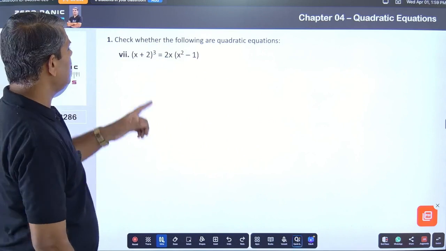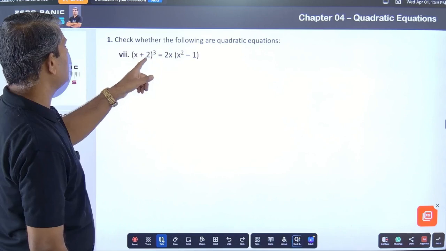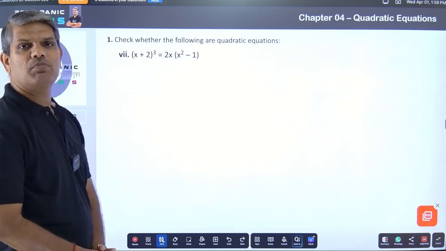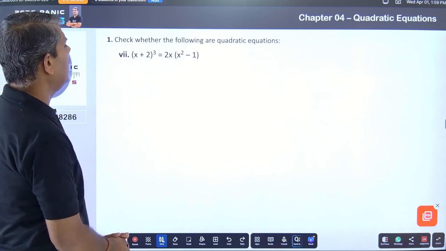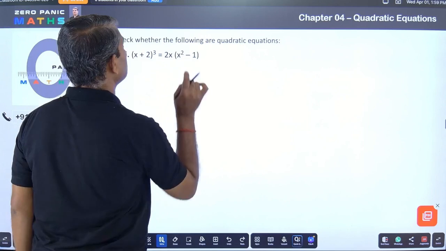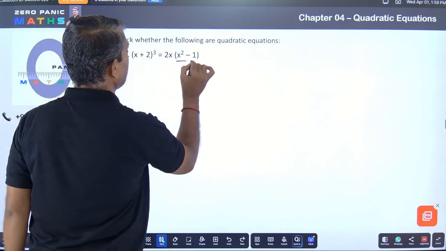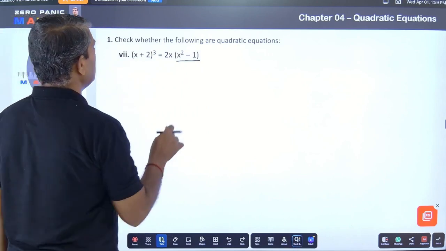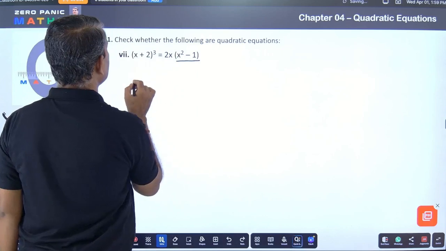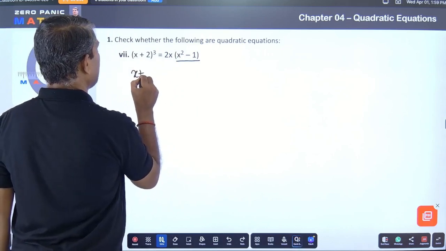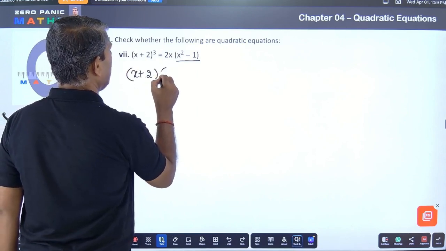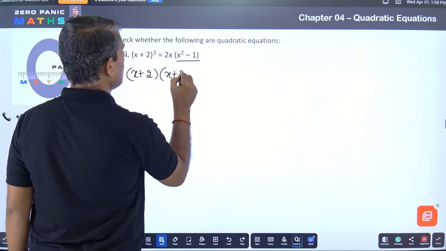Okay, now again here they have given something in the form of a plus b whole cube, and it is a square minus b square. Also you can write this as a square minus b square, where b is 1, square is 1 only. So you can write this as I have already written previously, x plus 2 and x plus 2 whole cube.